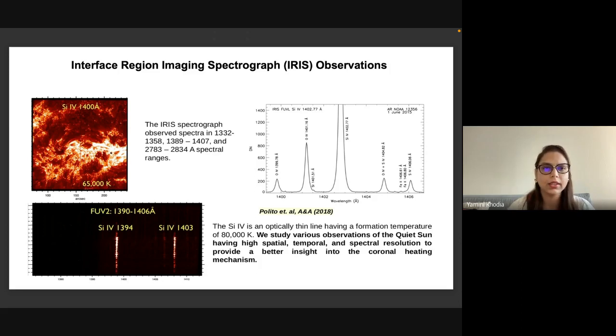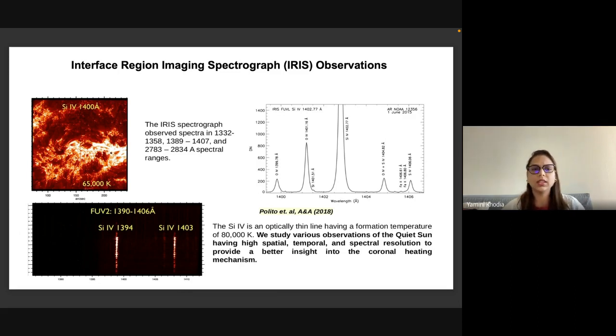IRIS also provides us the spectra, in the left lower panel, where we see two strong Silicon IV lines, 1394 and 1403. And then there are some faint lines as well, which are mostly oxygen lines, sulfur IV lines, and some highly ionized iron lines.